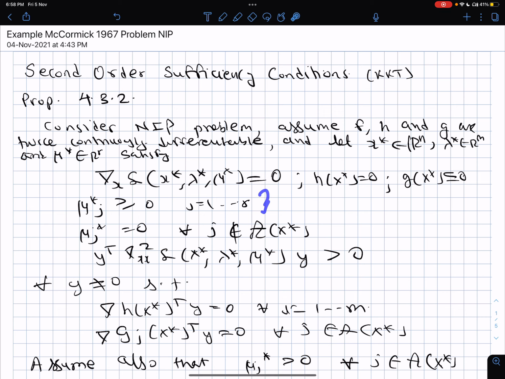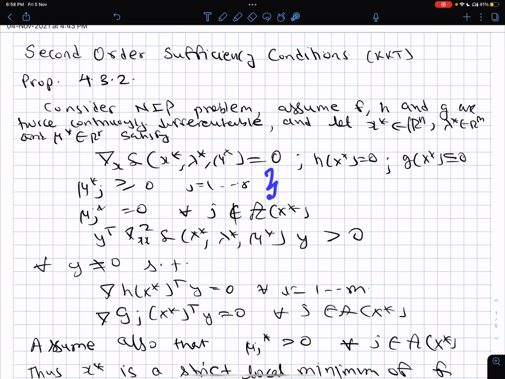But just like in the LIP problem that we had discussed earlier, the Lagrange multipliers associated with the inequality constraints should be greater than or equal to 0, and they are treated as 0 for all those inequality constraints which are not active. For all j not in the set of active constraints, the Lagrange multiplier is defined as 0. So for the active inequality constraints, it is either 0 or strictly greater than 0.